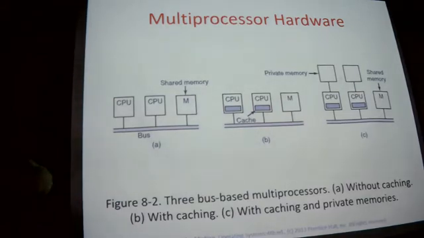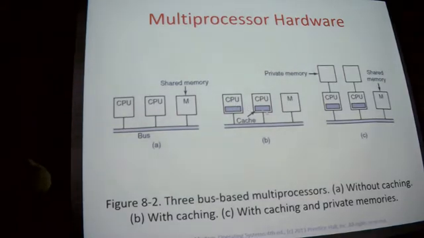In figure B, we can see that each CPU has its own cache. Cache is also used to store information, a kind of memory. So if a CPU wants to get data from the memory, it will first check its own cache.